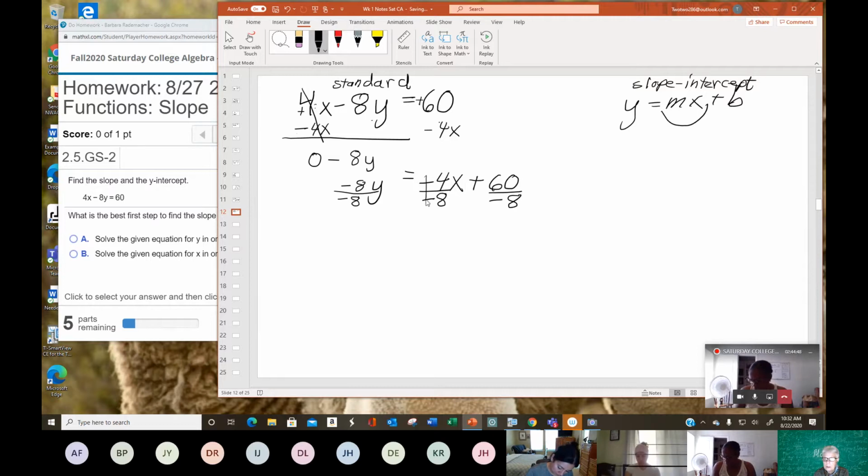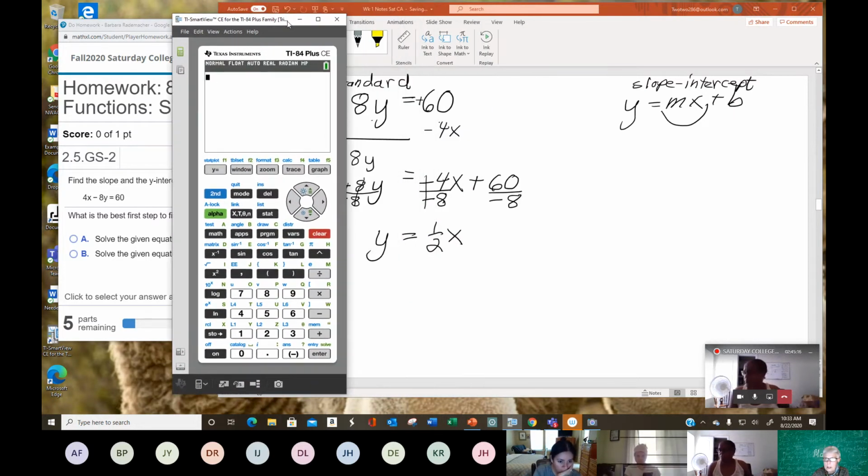The negatives cancel. 4 over 8 is 1/2. Meanwhile, over here, the 8s and the negatives cancel. So I'm left with y equals 1/2 x. Now, we're going to make the calculator do the work.